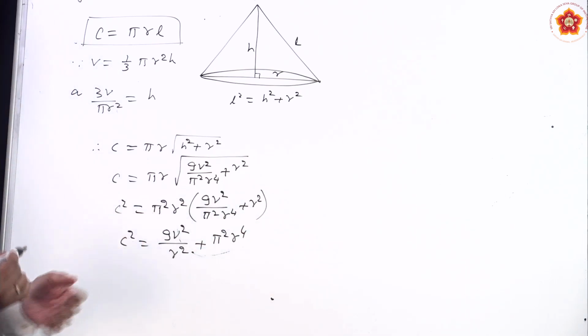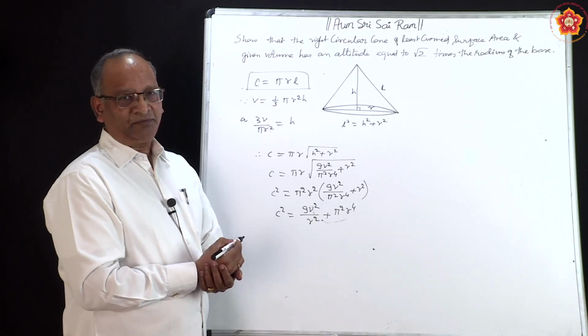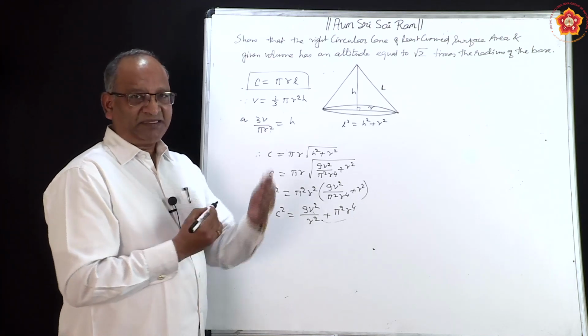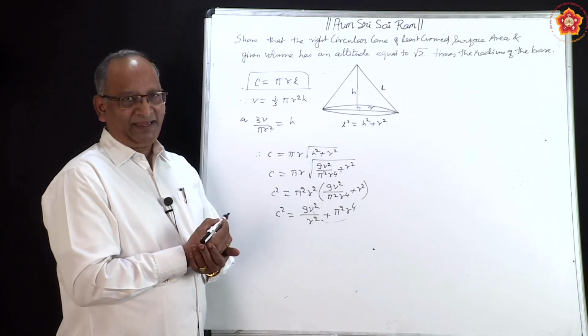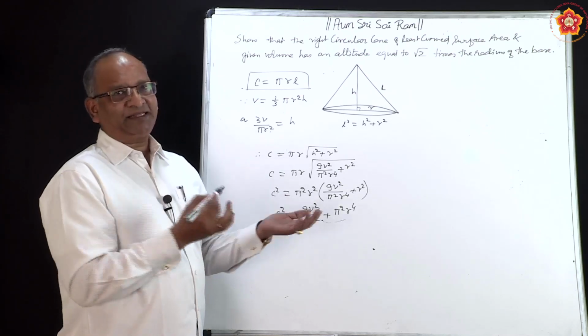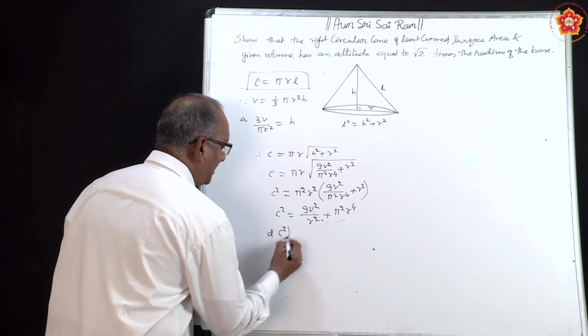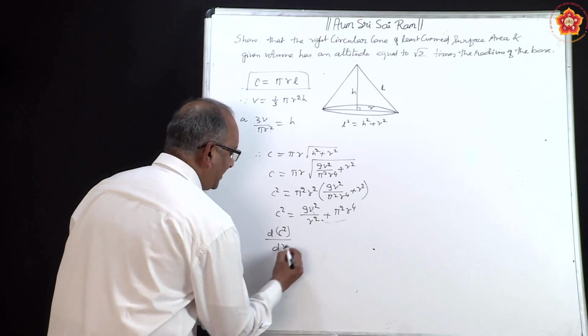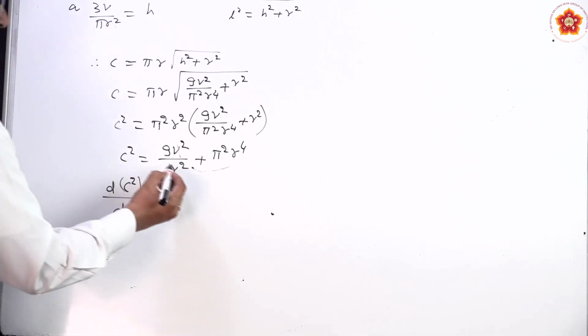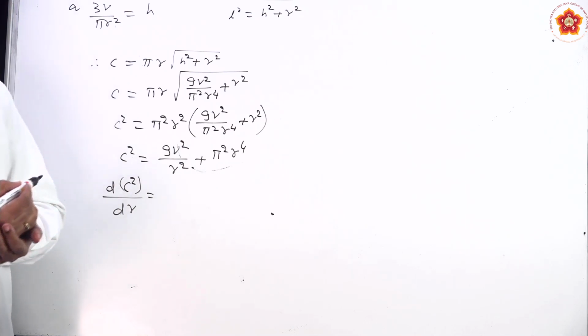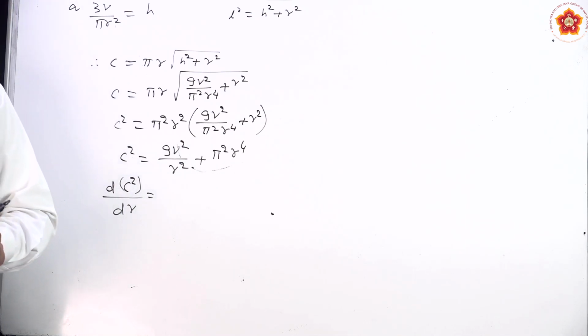Now it is easy to find the derivative. We were generally finding the derivative of y. Now assume that y is nothing but C square. So d of C square by dr is equal to, 9V square by r square, if you take it to the numerator, it will become r to the power minus 2.